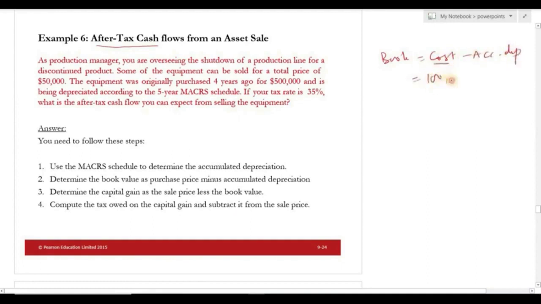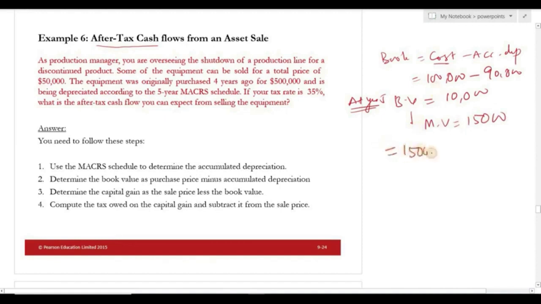Cost was 100,000, accumulated depreciation was 90,000, so the book value was 10,000. So we are talking about year 5, the last year. Okay, so this is called the book value, and when we sell it, market value was 15,000. So what is the difference? So what do you get actually? You get market value, you get 15,000, right? Because when you're going to sell it, the cash flow would be 15,000, right?